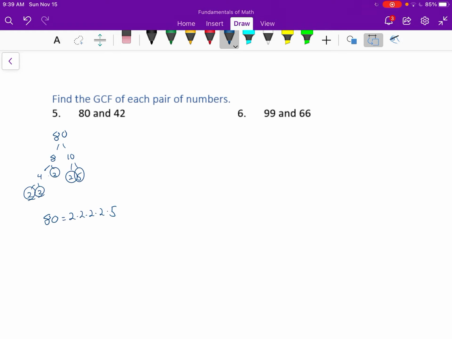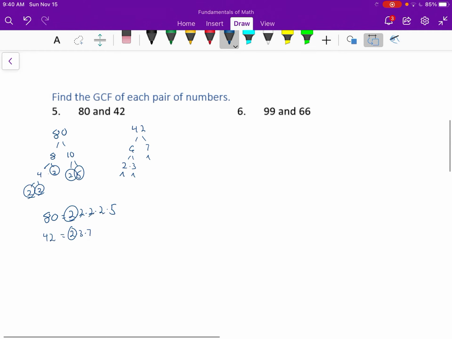And now 42. 42 we know is 6 times 7, and then 6 is 2 times 3. And so for 42, the prime factorization is 2 times 3 times 7. Now looking for our common ones, there's a 2 in common, and that's it. So actually our greatest common factor of 80 and 42 is just 2.